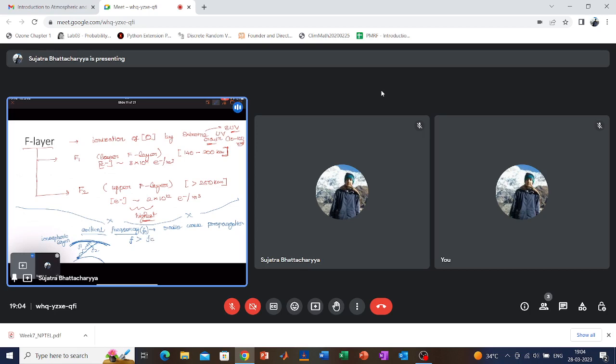If F is greater than Fc, then the wave will penetrate the ionosphere. But if F is less than Fc, the critical frequency, then the wave will reflect back.